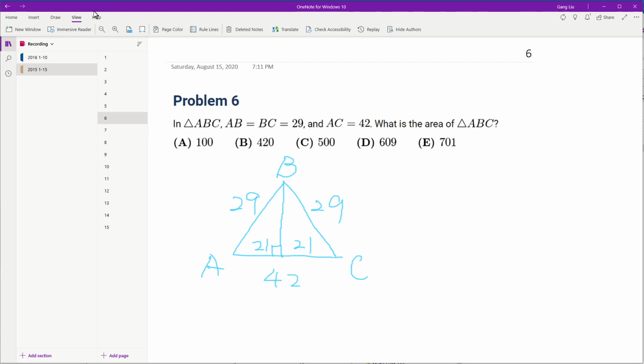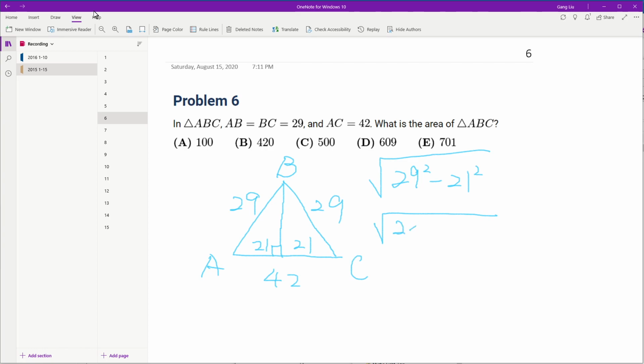The height can be calculated using the Pythagorean theorem: the square root of 29 squared minus 21 squared, and use the difference of squares formula.